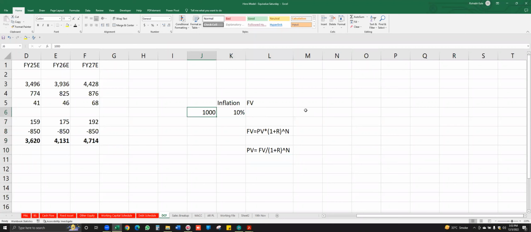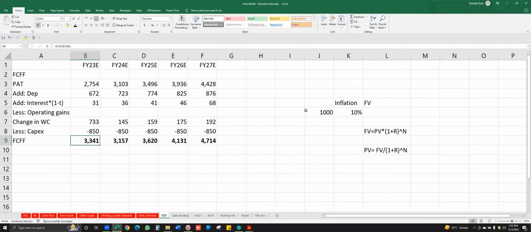The same way, here, this is what is forecasted, right? One year down the line, I give you an inflation rate of 10%. This is the value after 1 year. Let's say 1, 2, 3, 4, 5. This is the future value, right?